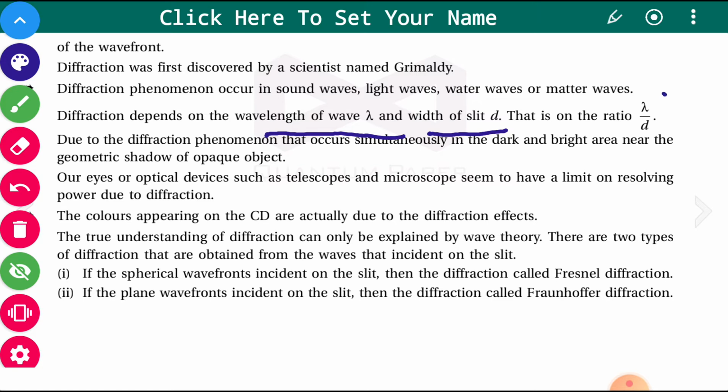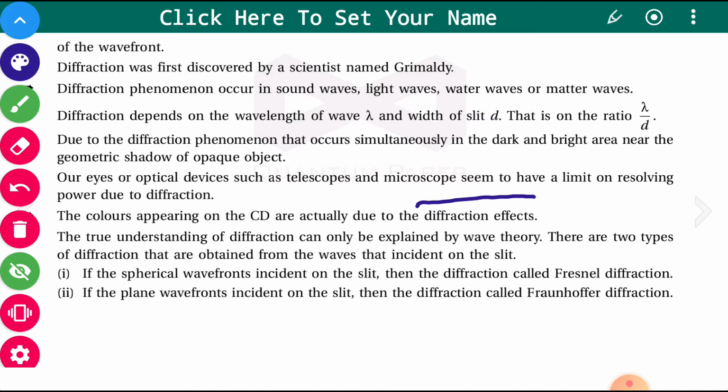The ratio lambda upon d, that is wavelength to the width of the slit, is also very important. The greater the ratio of lambda upon d, the greater the bending, or diffraction. Due to diffraction, which occurs simultaneously in the dark and bright areas near the geometric shadow of opaque objects, our eyes or optical devices such as telescopes and microscopes can see these phenomena, having very good resolving power.